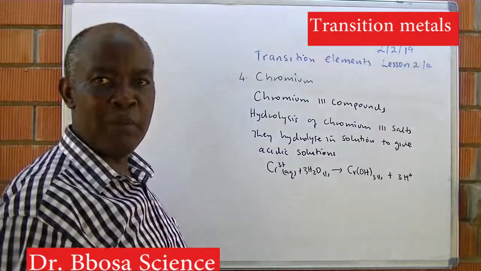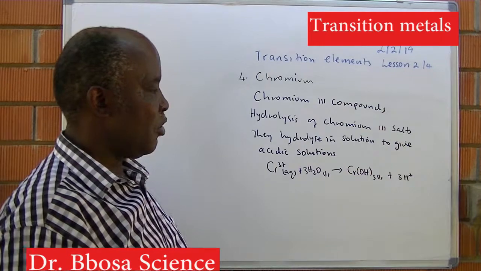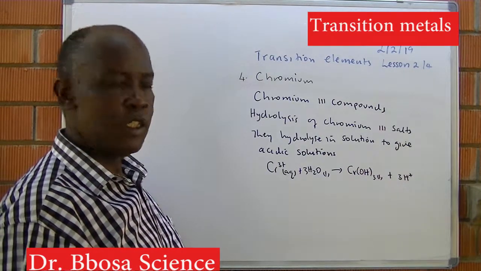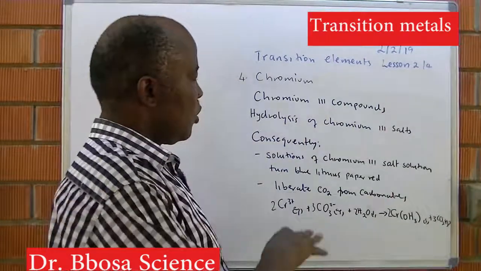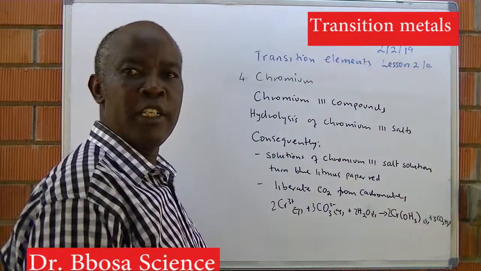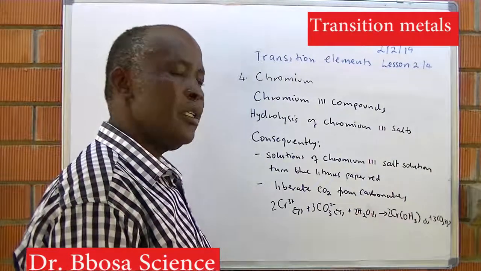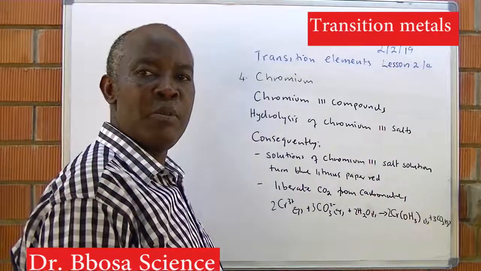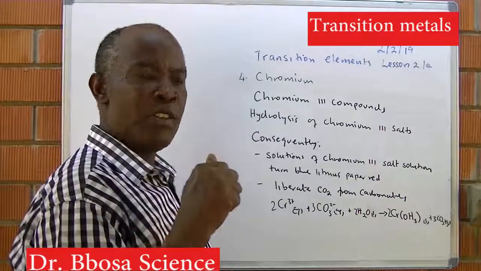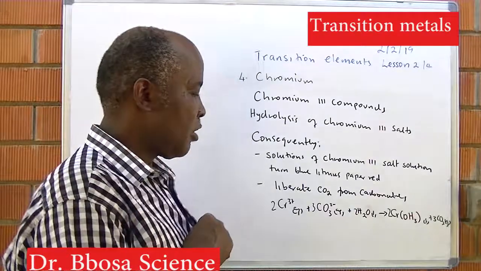Hydrolysis of chromium(III) compounds. They hydrolyze in solution to give acidic solution. Consequently, following hydrolysis, the solutions of chromium(III) salts will turn blue litmus paper red, because chromium(III) salts hydrolyze in solution to give acidic solutions.